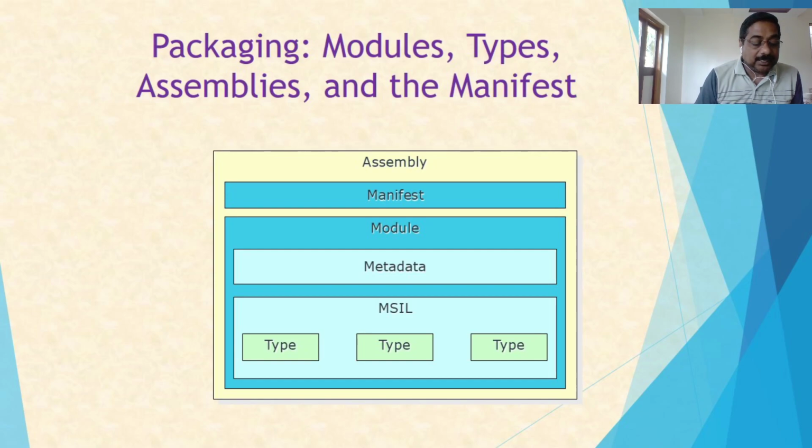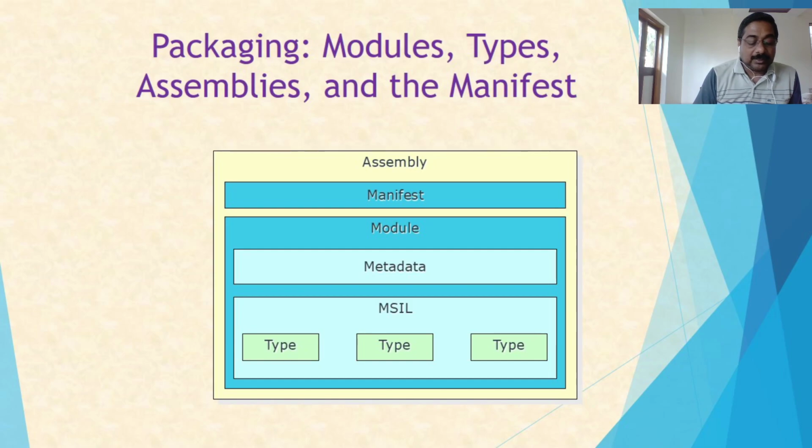An assembly is really a collection of types and resource information that are built to work together and form a logical unit of functionality. During compile time, metadata is created with Microsoft Intermediate Language and stored in a file called a manifest. So the second is the manifest.